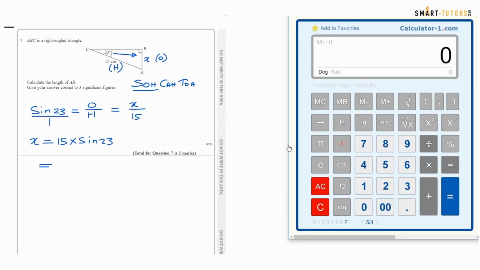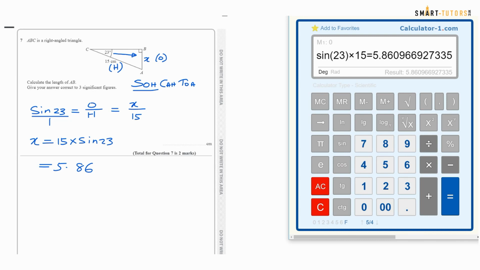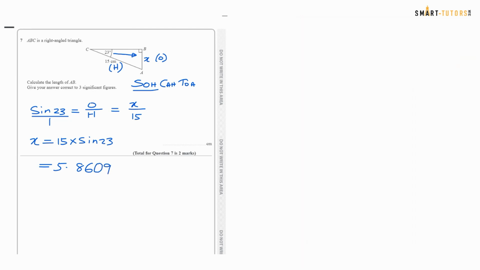So let's use the calculator. So sine 23 bracket close and times 15, and my answer is 5.8609.